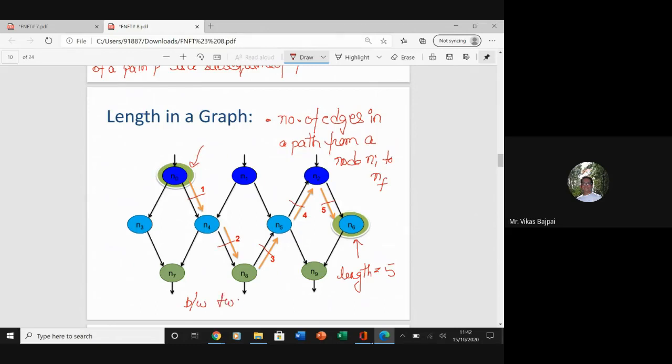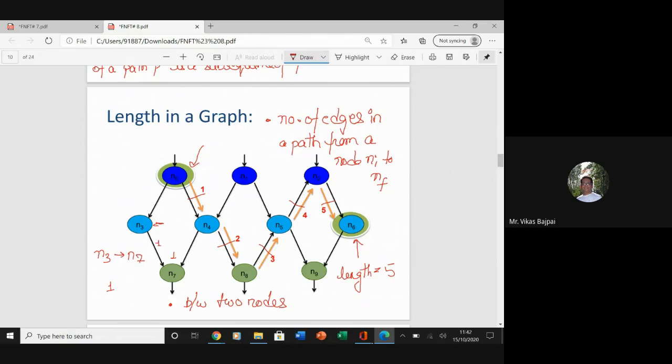Between two nodes. So if I have to find the length from n3 to n7, the length will be one only, from here to here.